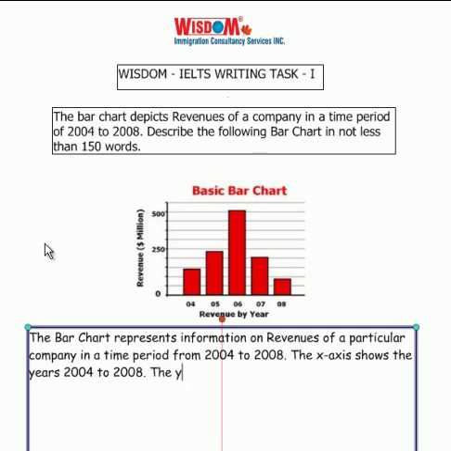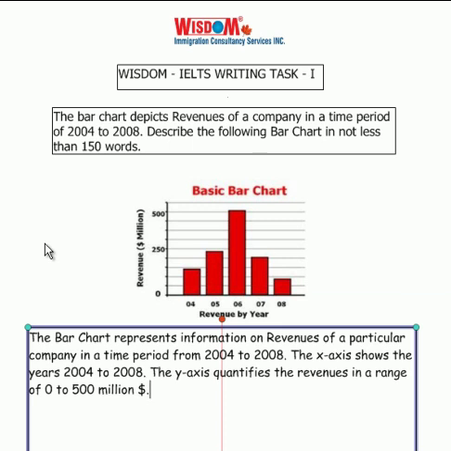The y-axis quantifies the revenues in a range of 0 to $500 million. So this is our introduction.